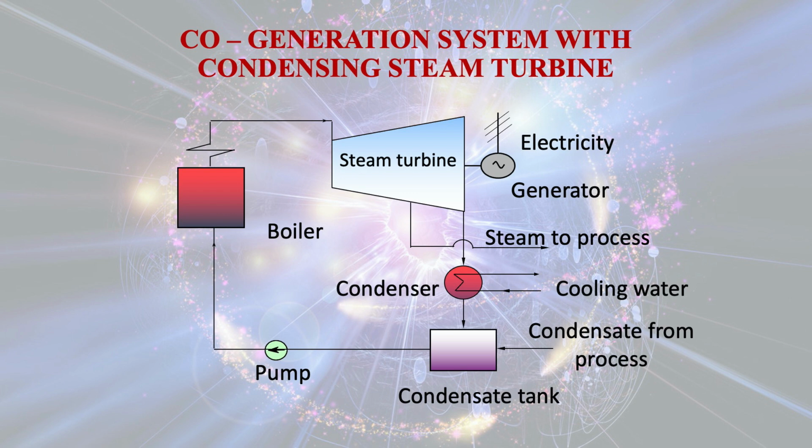But in the process heater, when the heat is given out to the process, after that, that steam may be condensed into liquid and it is sent back to the condensate tank, and in the condensate tank we get only fluid in liquid form. So the liquid water from the condensate tank is sent to the boiler with the help of a pump. So this is the schematic diagram for the cogeneration system with condensing steam turbine.